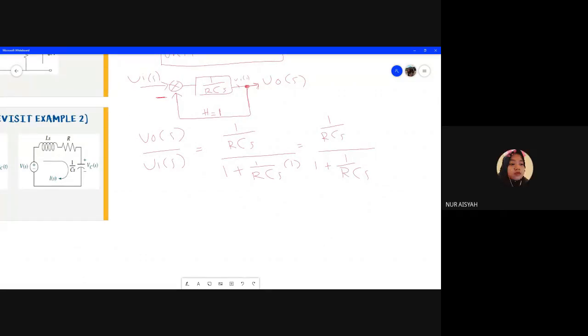Okay, so from here, supposedly you have to simplify this equation. How to simplify the equation? Who can do it? Multiply everything with RCS.